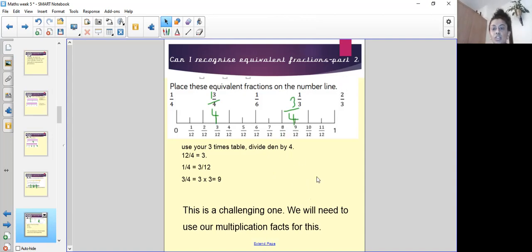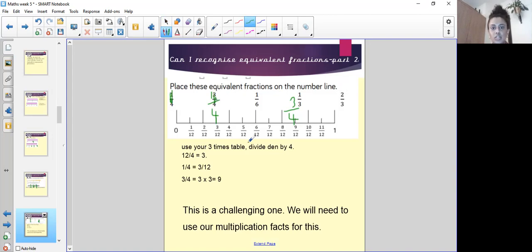So what have you times 3 by to get to 9? 3 times 3 equals 9, and then 4 times 3 equals 12. Okay, let's have a look. So we've done this one, and we've done this one.